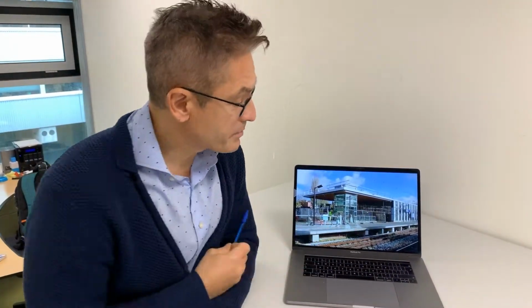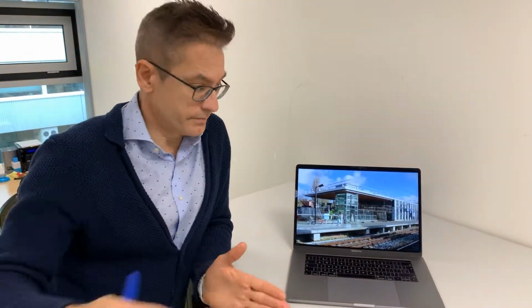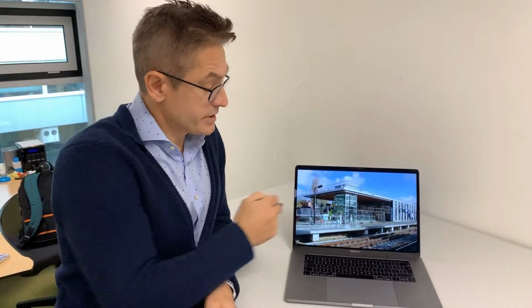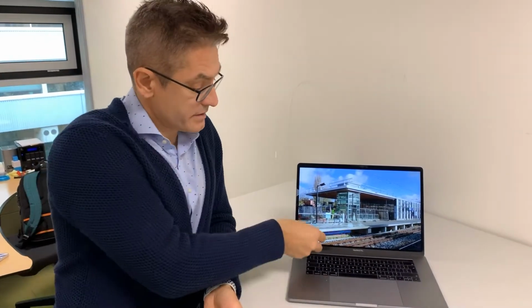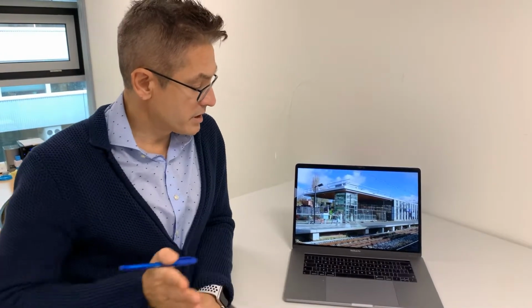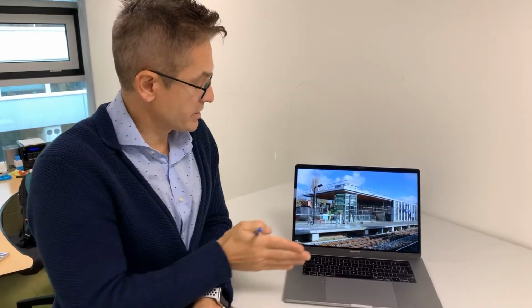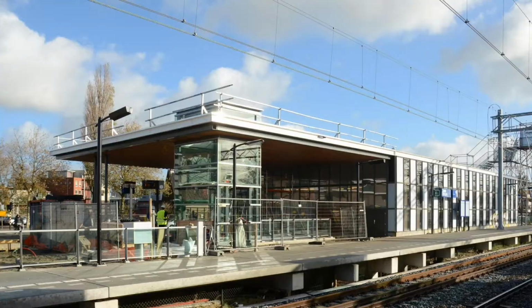So I presume that there is a curve leading to that train station, so there is a chance of derailment near the train station. In this case, the third rail will prevent the train from moving further and hitting the train station. As you can see, behind the station we have a building, so this measure is really to protect the train station and the houses behind it in case of derailment.